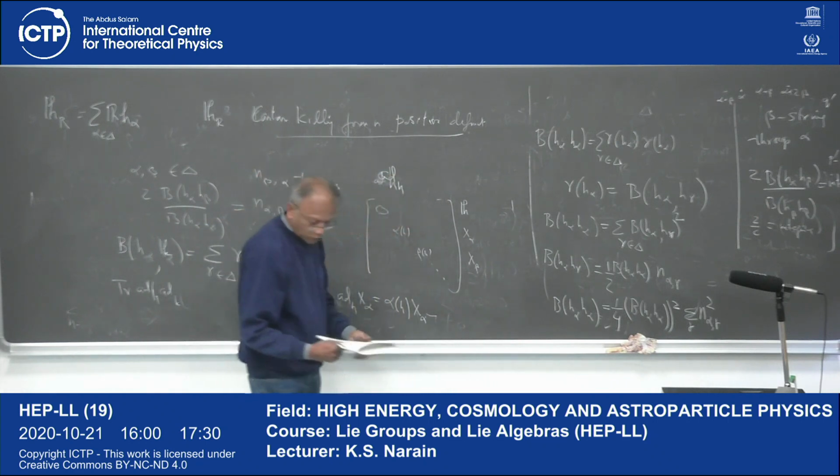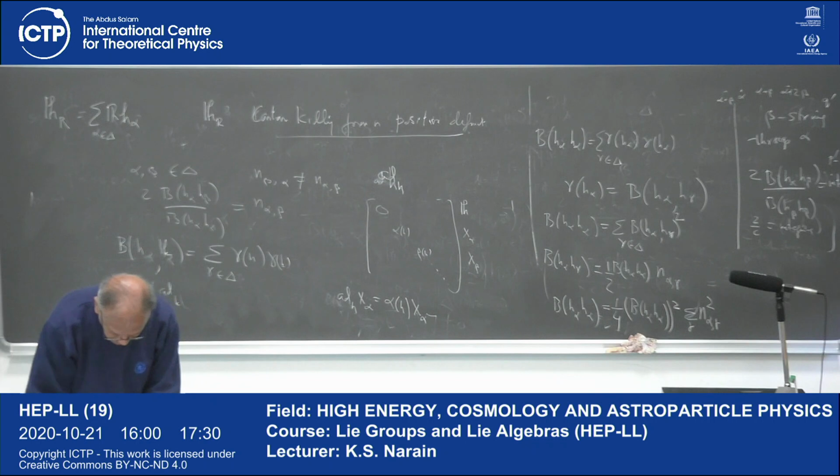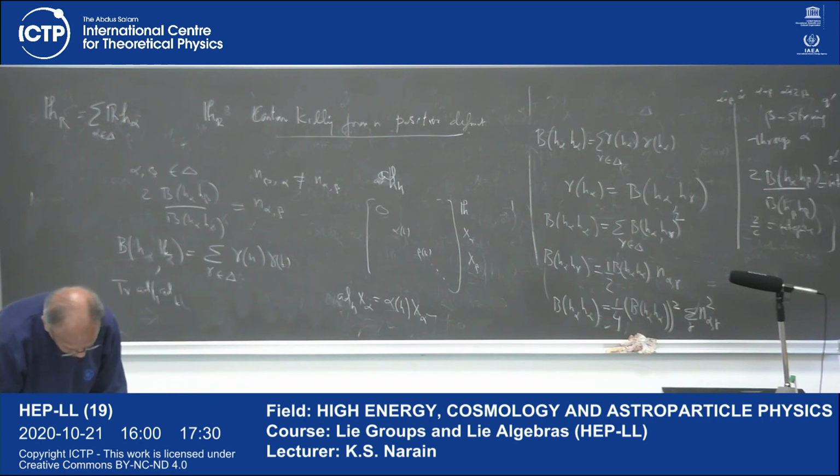And now we have already proven in one of the previous theorems that B(h alpha, h alpha) is not 0. Right?